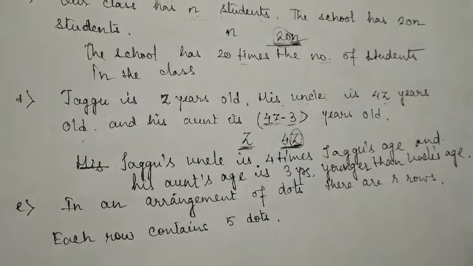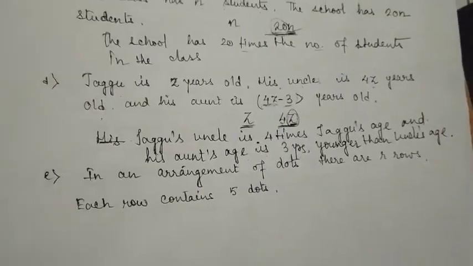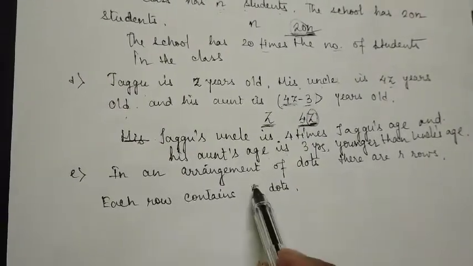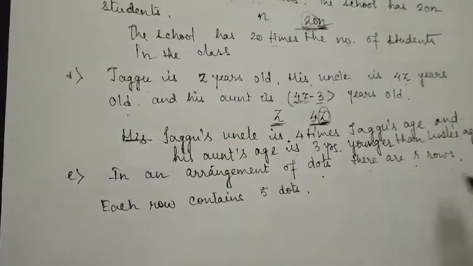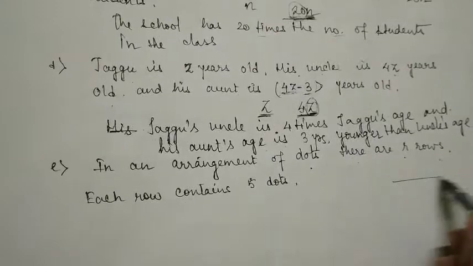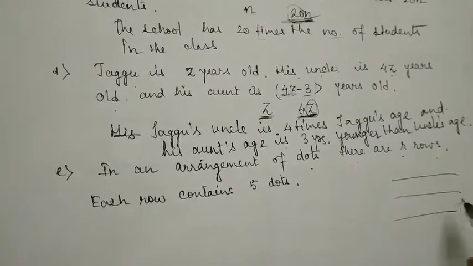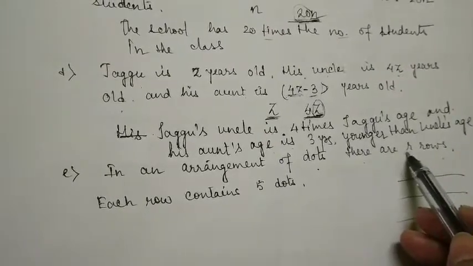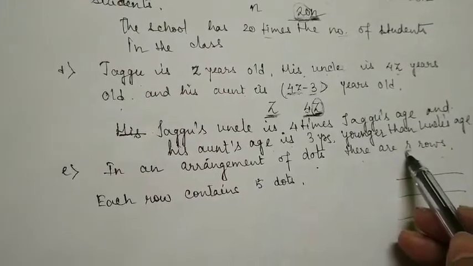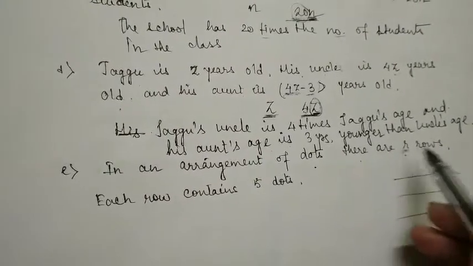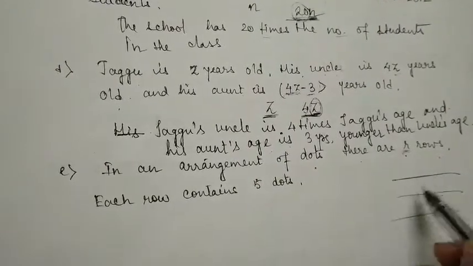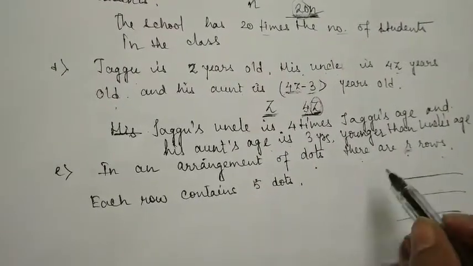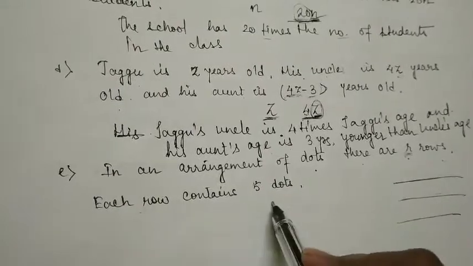Okay. Now, in the last part of this question, in an arrangement of dots, there are r rows. Suppose r is the number of rows. Here, how many rows are there? That is not given, but it is given in terms of r. And r is a variable, so this r can be any number: 2, 3, 4, any number. So suppose there are r rows, and each row contains 5 dots.